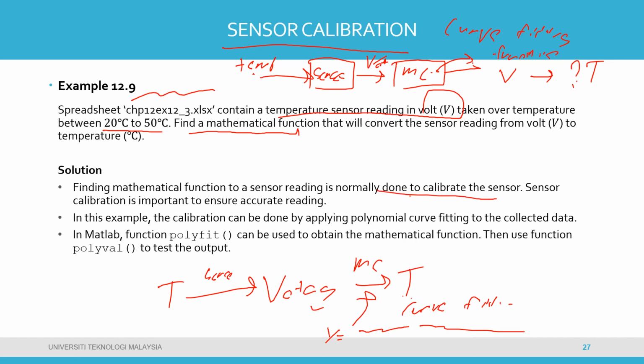Basically you have done the calibration. When you come to sensors, you need to do the calibration. This is the calibration; basically, you use curve fitting. To do this, you use curve fit and also polynomial evaluation to test the output. Usually you use both to ensure that the value used is the same.